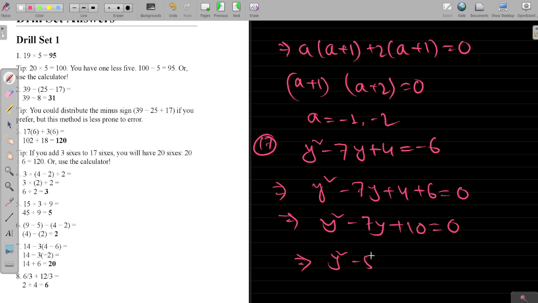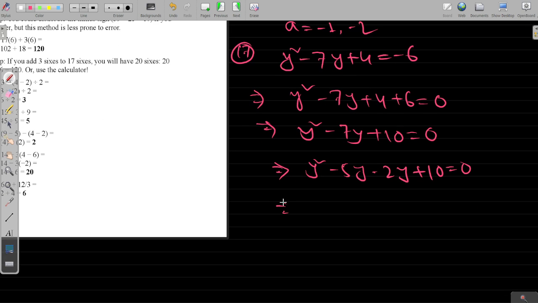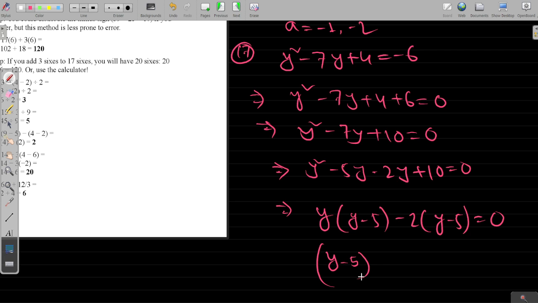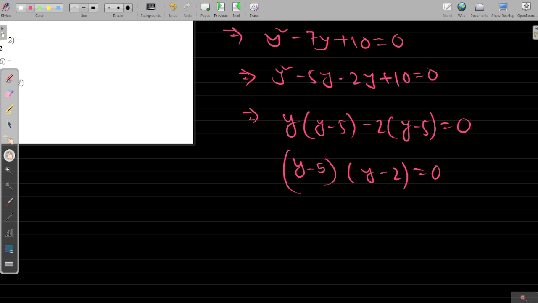So y square minus 5y minus 2y plus 10 equals 0. If I take common y, then y minus 5. If I take common minus 2, then y minus 5 equals 0. Then y minus 5 here, and here you will get y minus 2 equals 0. Then our answer will be y equals 5 and y equals 2.